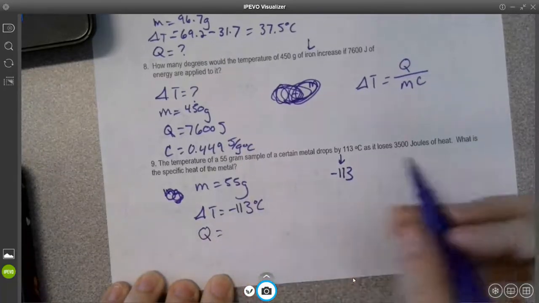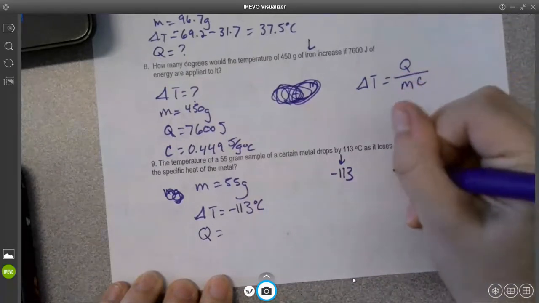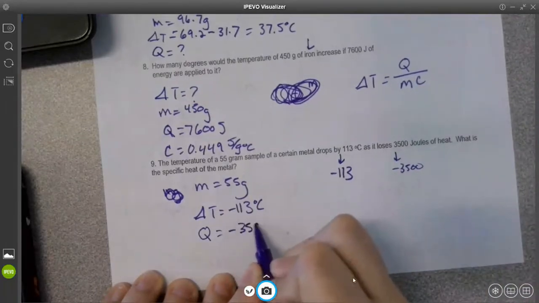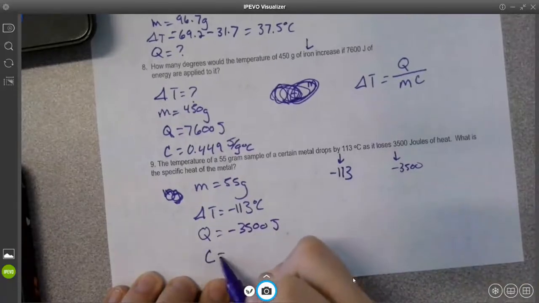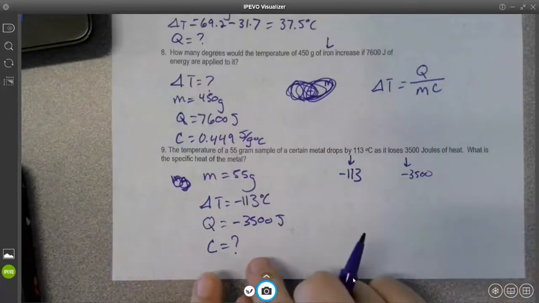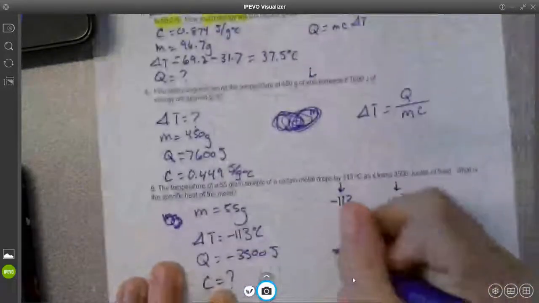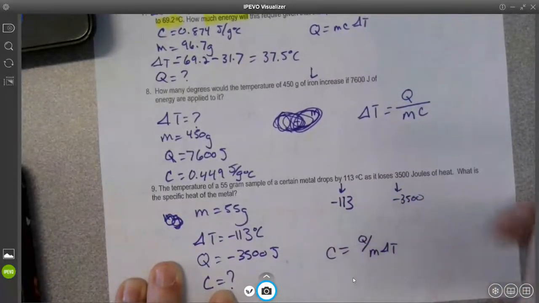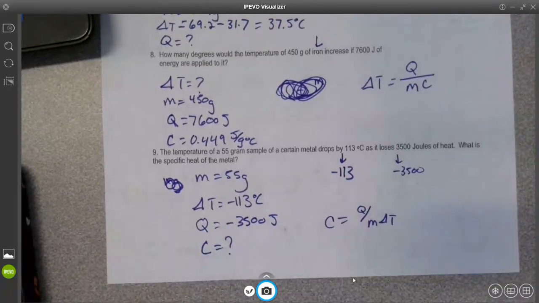So Q, again, as you are losing, this number should also be negative. So Q equals negative 3,500 joules. What is the specific heat? That's what it's looking for. Again, we've rearranged it before for C: C equals Q over M times delta T. So this should be our equation.